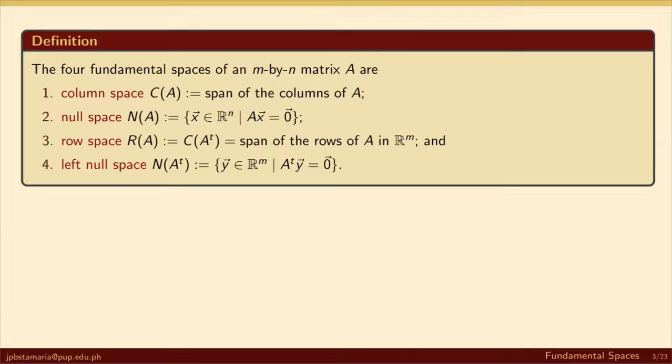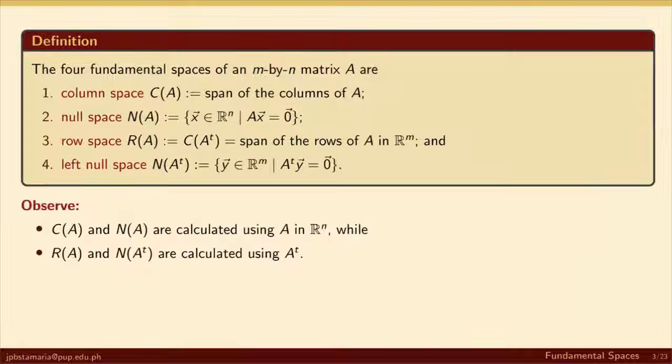But basically, the null space of A transpose, or the left null space of A, consists of all the vectors Y, so that when A transpose is applied to Y or multiplied to Y, it gives us the zero vector. So basically, the left null space is the solution space to the homogeneous linear system A transpose Y equals 0.